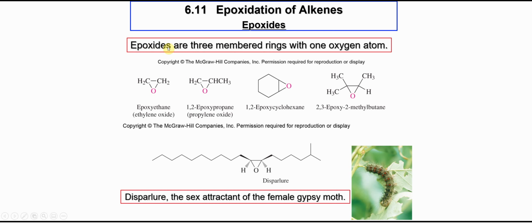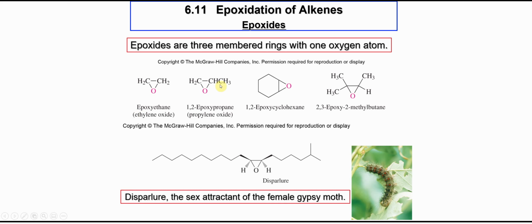Epoxides are 3-membered rings with 1 oxygen atom, such as if I have ethylene, CH2=CH2, reacted with hydrogen peroxide, for example, you produce epoxyethane. This molecule is called epoxyethane, or you can call it ethylene oxide.